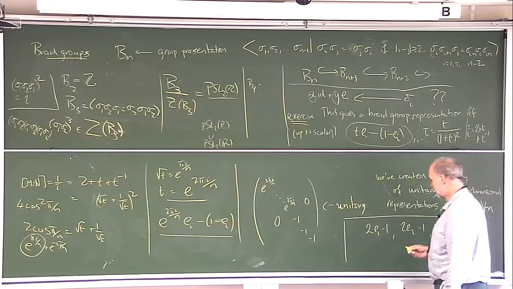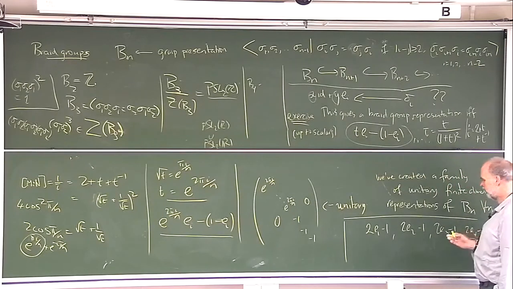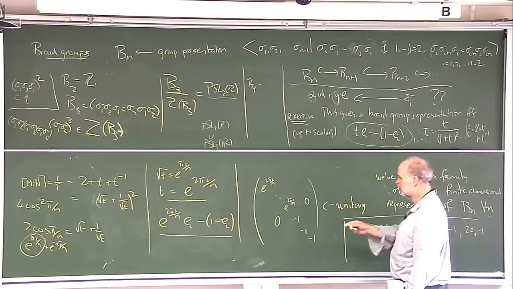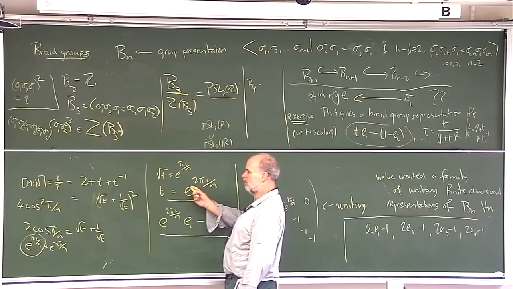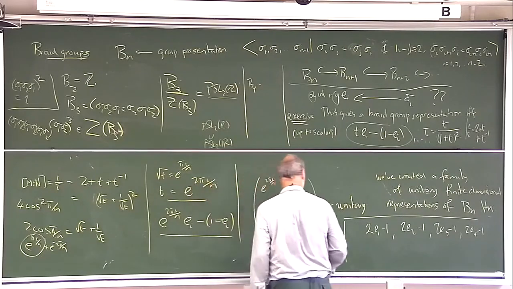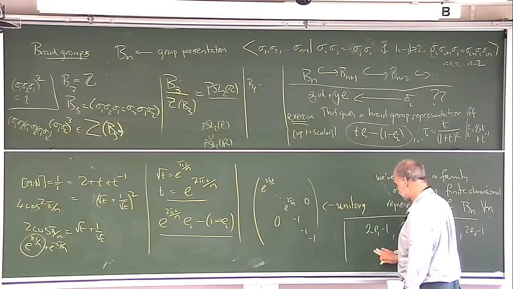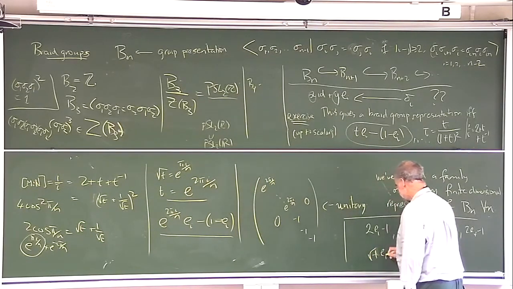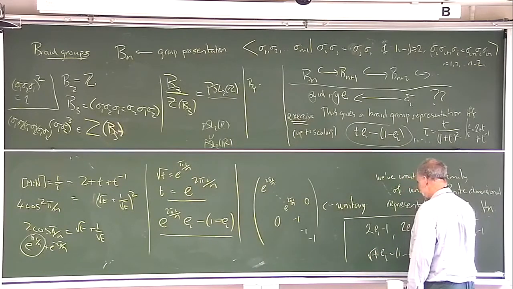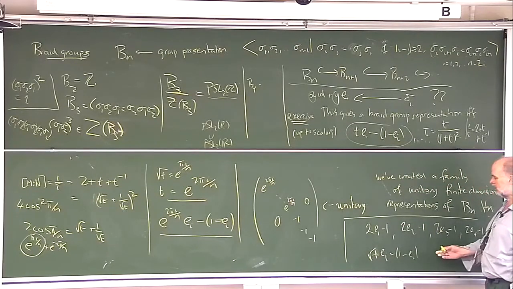Well, no, they're not. These ones give you what's called an extra special group, and the braid group representation is slightly different because the index is 4. The braid group gives you the square root of minus 1 times E. But these, of course, do interact, and you find that you can get in this way the structure of the image of the braid group in index 2 has something to do with an orthogonal group.